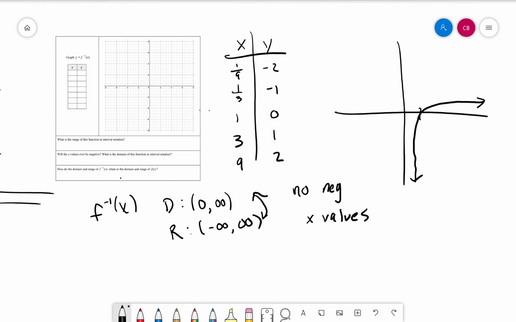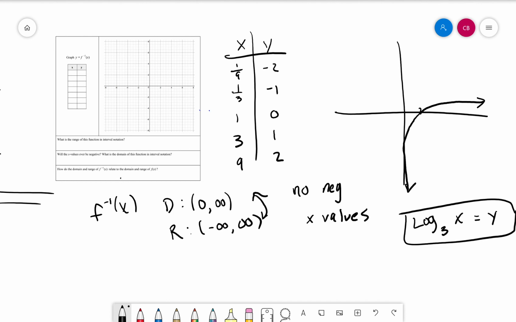Going through 1, getting close to 0 over here. Actually, let me make it a little bit closer. Going something like the following, and increasing this way. And so these are your inverse functions of one another. This is the graph log 3 of x. And so this would be our first introduction to a logarithm. Thank you, guys.